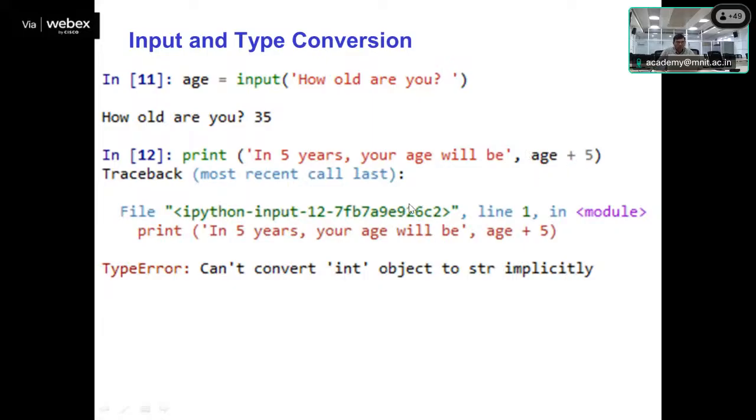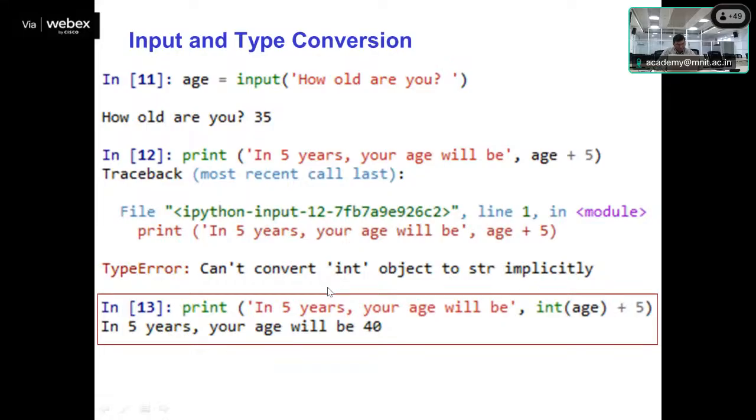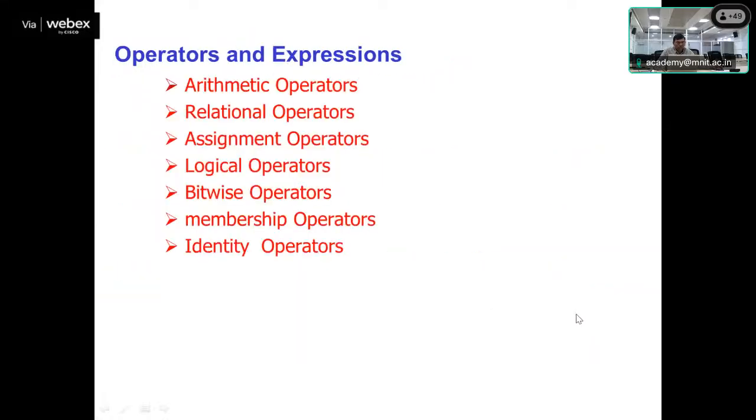We will get one kind of type error, can't convert int object to string implicitly. But if you convert this age to an integer, which is now shown as a string, then this age can be added to this value. That is possible.